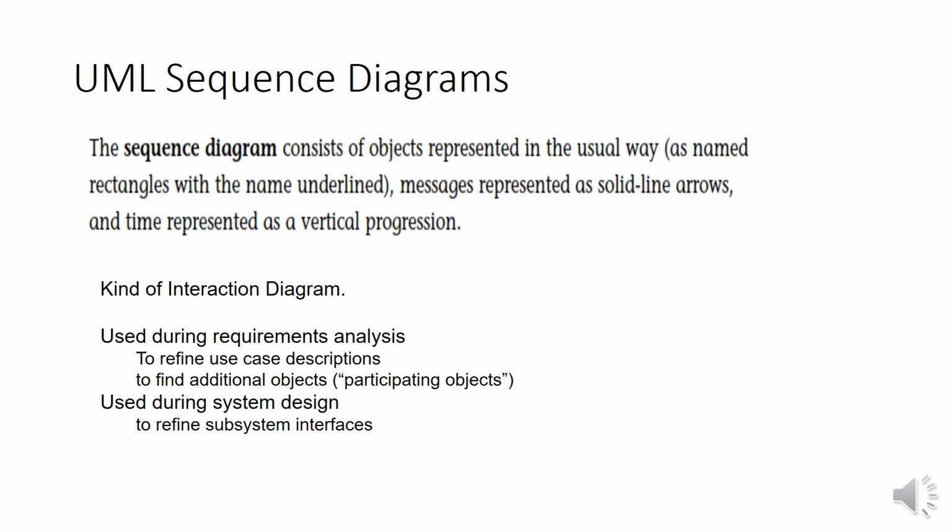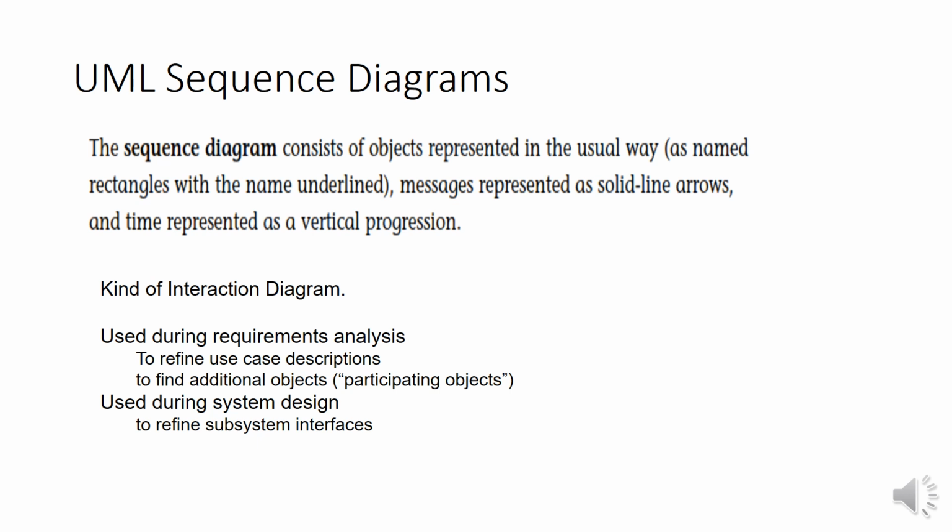The definition of sequence diagram is: it consists of objects represented in the usual way as named rectangles with the name underlined, and messages represented as solid line arrows, and time represented as vertical progression. Sequence diagram is a kind of interaction diagram, and interaction diagrams show communication among objects in a system.